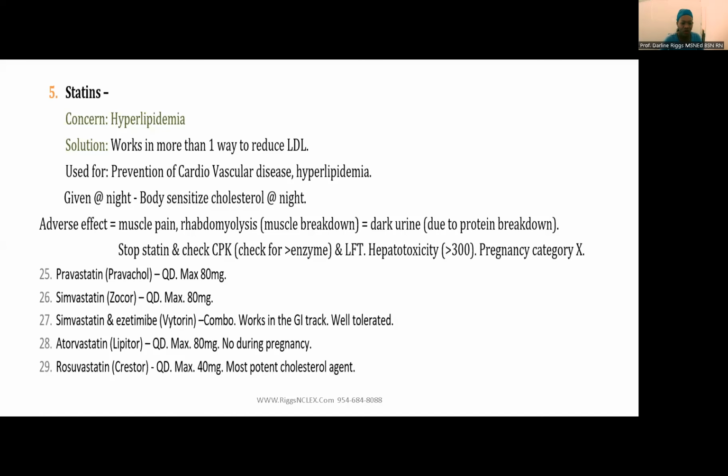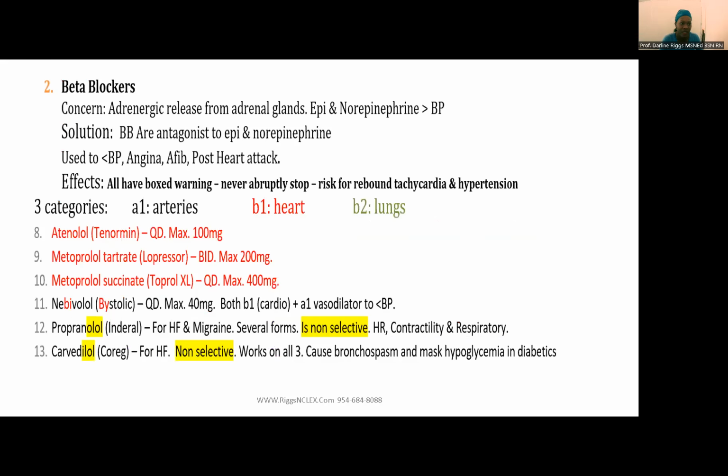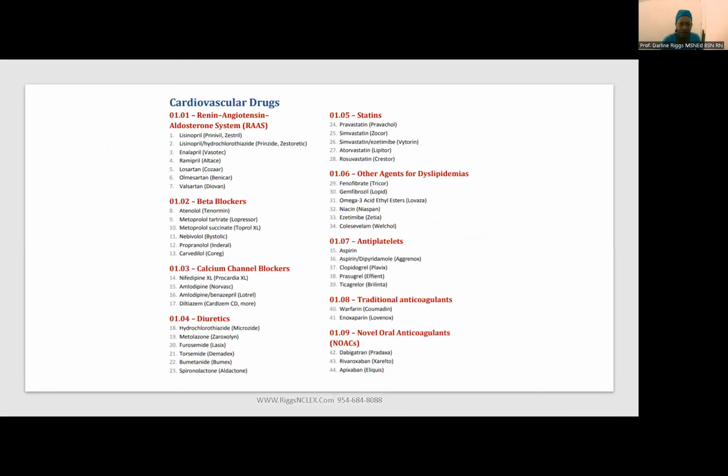All right, everyone. Quick recap, because we've covered quite a bit already. You should be good with the RAS, right? Your ACE inhibitors and your ARBs. You should be good with your beta blockers, all the subcategories, your calcium channel blockers, and your diuretics. So we've covered those so far.